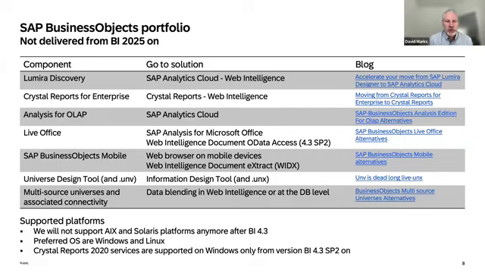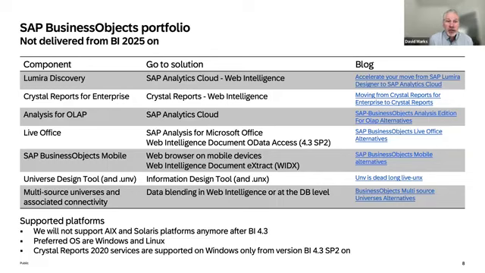If you're using Lumira Discovery, we didn't have a huge adoption with that product. We do have quite a few customers that are using Lumira Designer for analytical dashboards. So that is still supported. And again, like Crystal Reports for Enterprise, you can move to just Crystal Reports Designer or Web Intelligence.